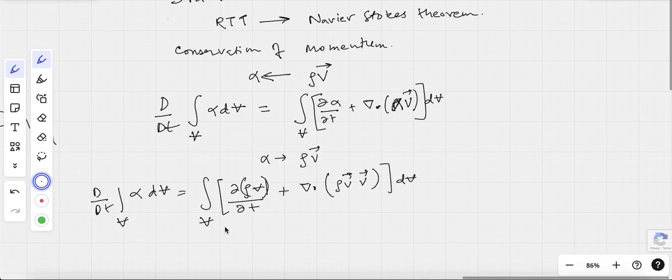Okay, now this is the momentum on a fluid element, right?